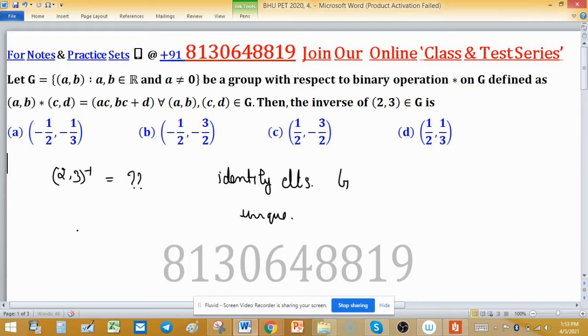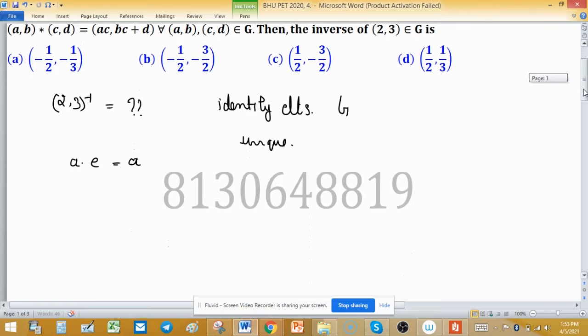By the definition of identity element, if we take an element from the group and operate the identity with it, then it returns the same element. Using this definition, we take an element of G, an ordered pair (a, b), and suppose the identity element is (c, d), that will return the element itself.